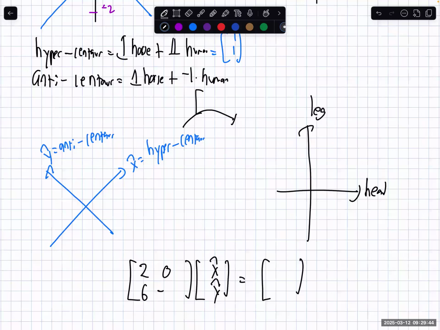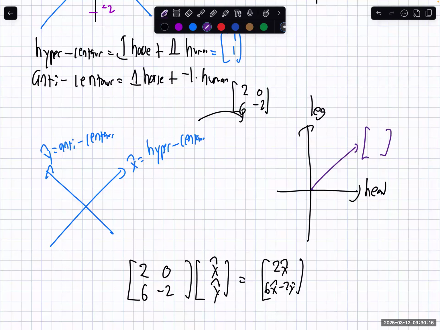And then it's 6 and -2. Okay, so there's the matrix that transforms a hypercentaur anti-centaur input to the head-leg coordinate space. And once again, we had 75, 200. That was our target.